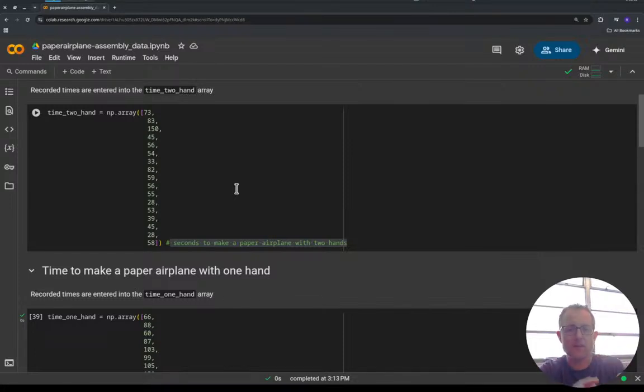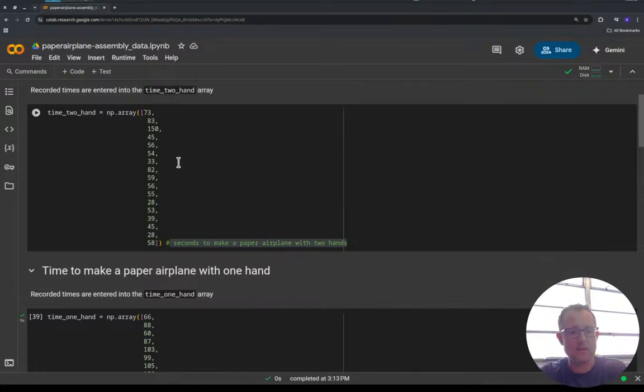Every time they finish a paper airplane, they start a new one, but the time it takes to finish is different each time. That's what we found from our data, right? Even though the same person was folding the paper airplane, it didn't take the same time. Different people had different times, and different distributions of times.